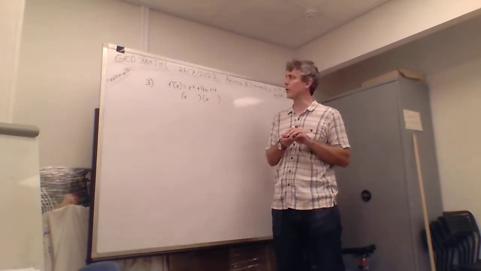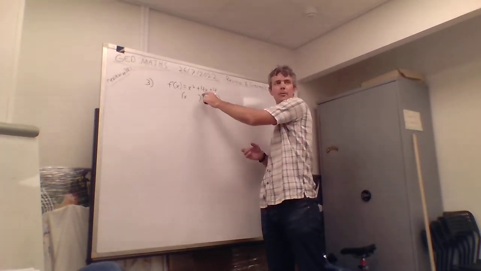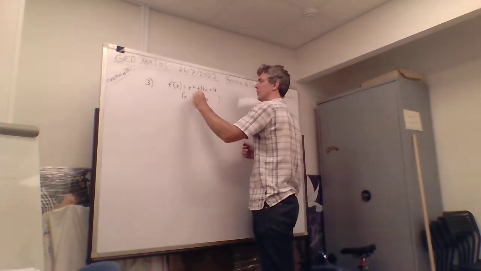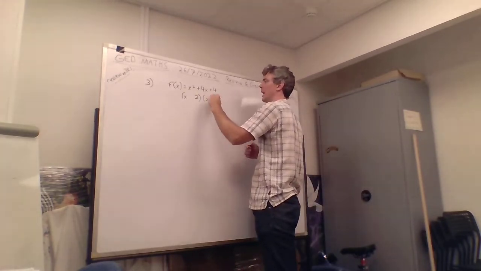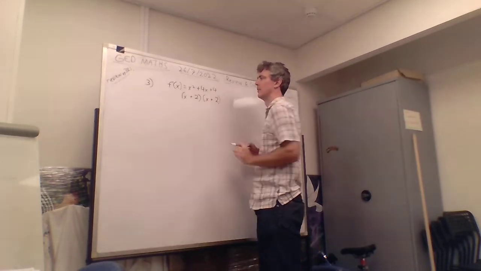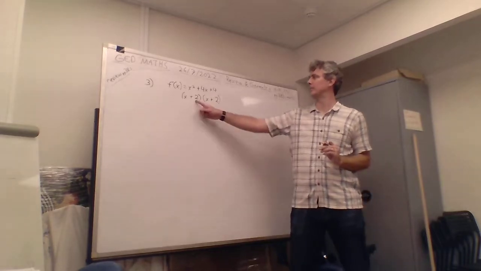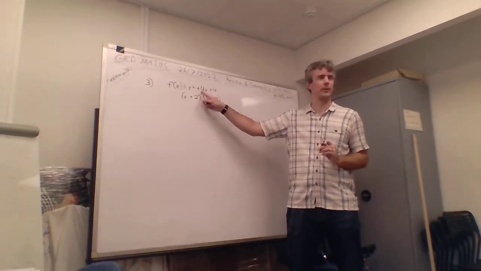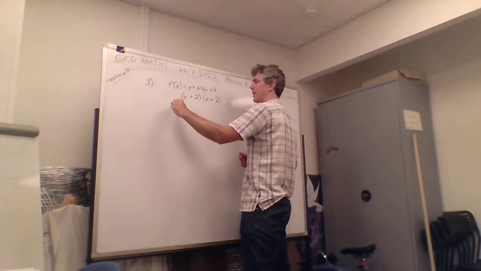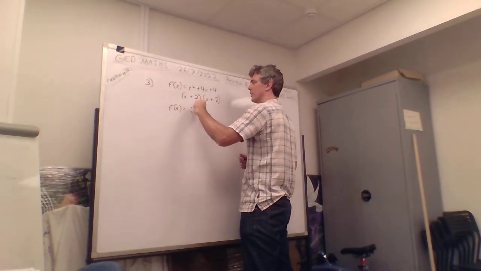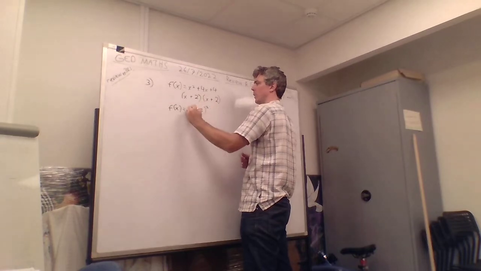But 4 and 1 will not add up to 4, so you're right, it has to be 2 and 2, and it's plus. Ah, that's nice. 2 times 2 is 4, and 2 plus 2 is 4. So this is the same as saying f of x equals x plus 2 squared.